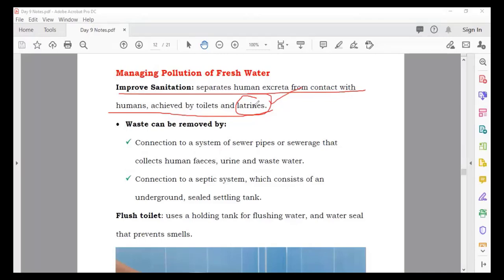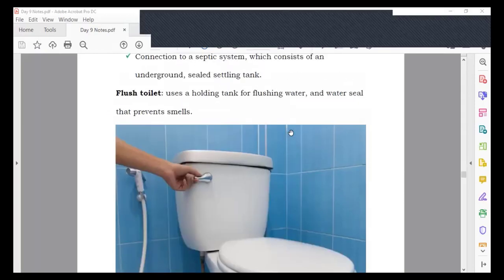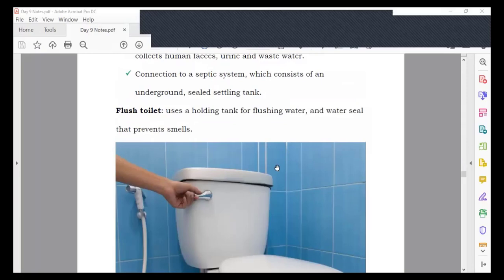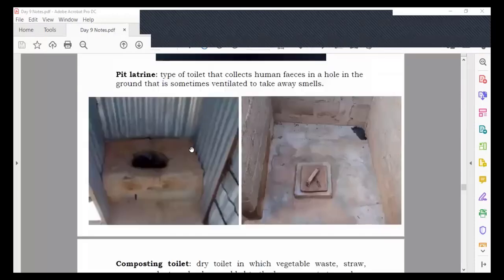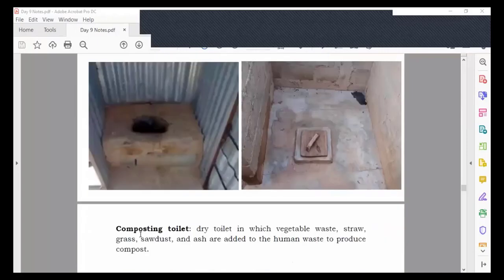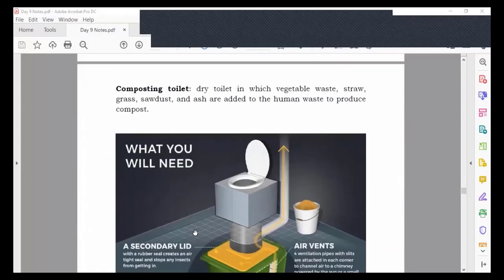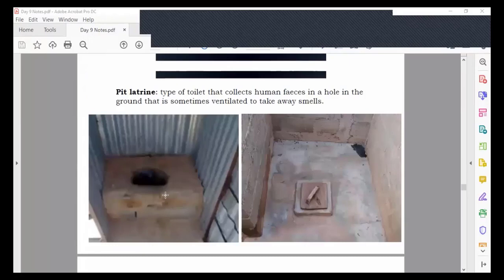For that, they are using different types of toilets. For example, you have this one, the commode system, known as a flush toilet. Then you have this pour toilet. And in the old days, or in very poor countryside villages, you will find this, known as a pit latrine.